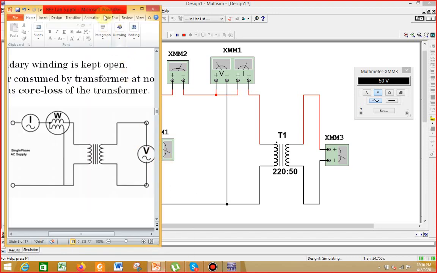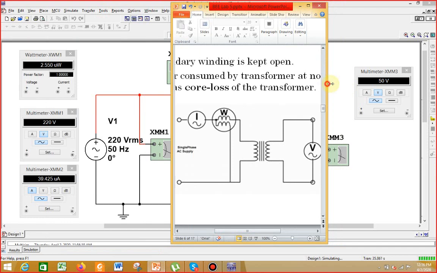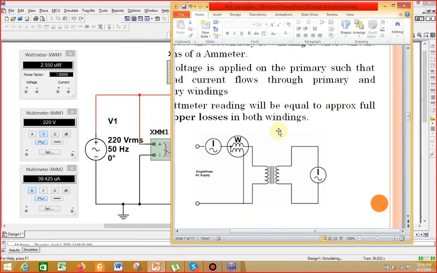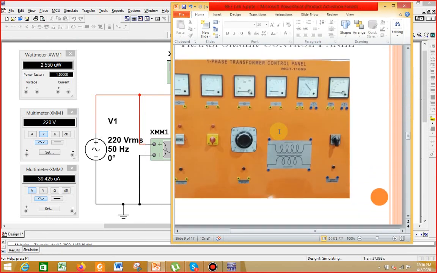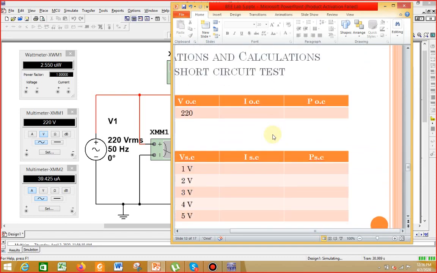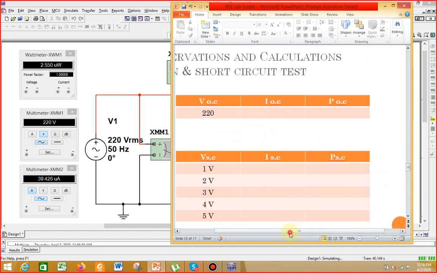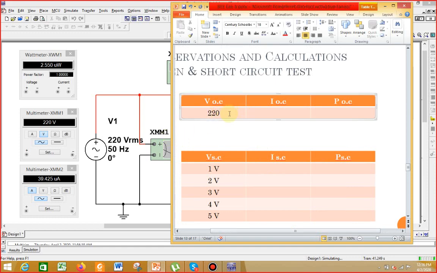So now what we will do, we will note these values over here in the table. So input is 220 volts for open circuit, and the current here is 39.425 microamps, and the power recorded is 2.550 microwatts.